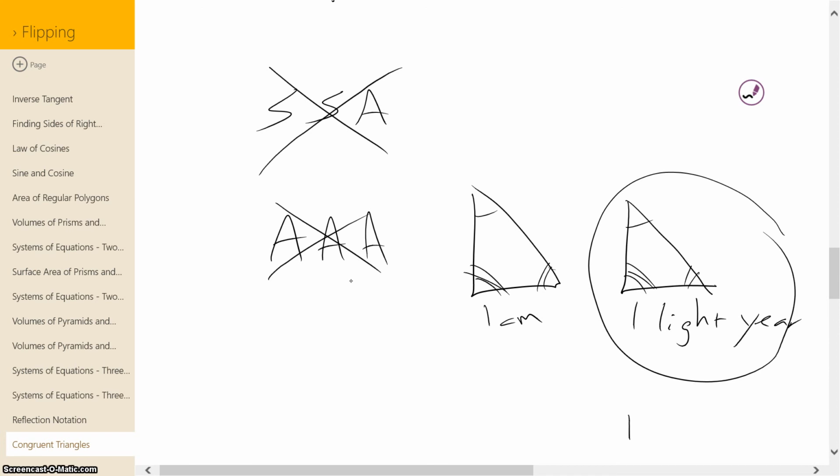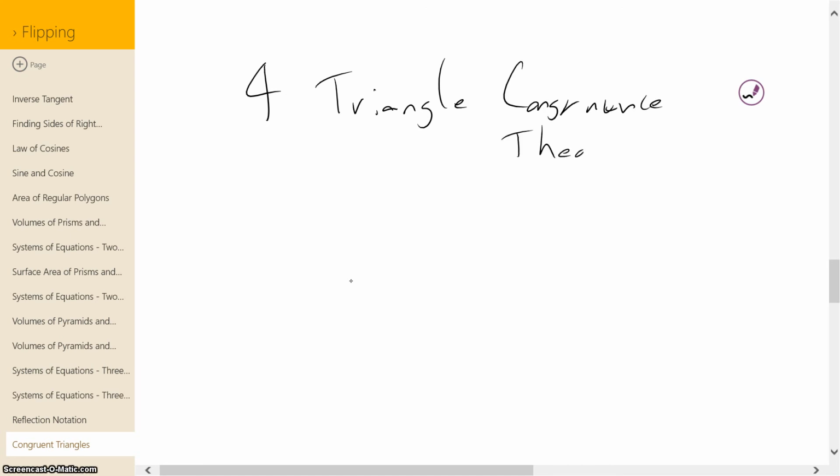Okay? So again, just to recap, our four triangle congruence theorems are... What was our first one? Side, side, side. How about number two?